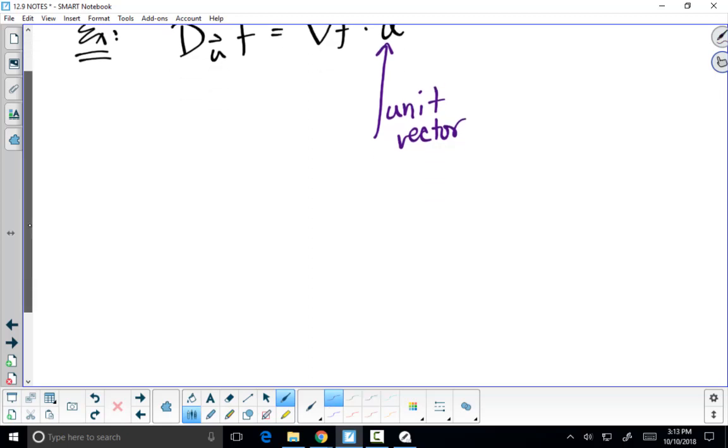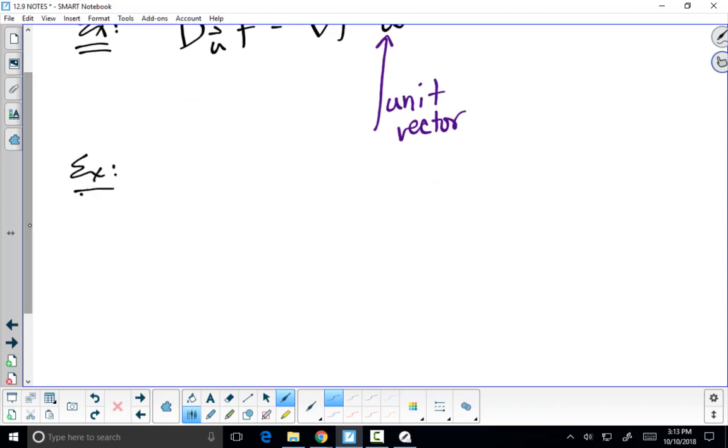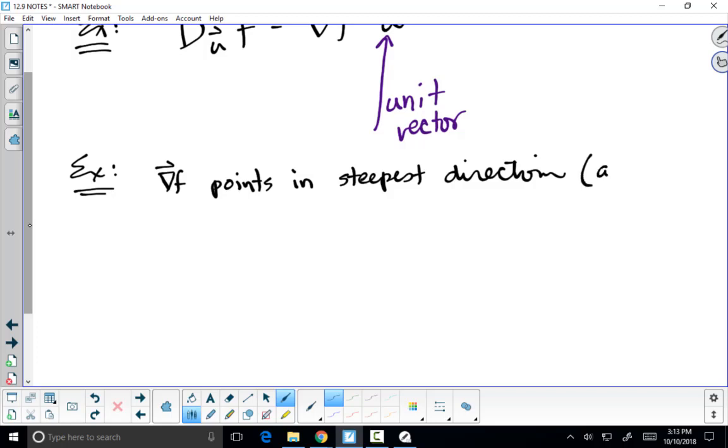Wait, you take the gradient, and that's the direction of steepest descent, you said? Yes, so del F points in the steepest ascent direction, and then minus 1 times the gradient points in the direction of steepest descent.